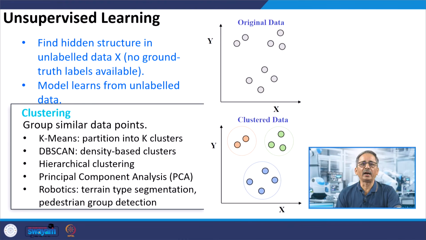Next is unsupervised learning, and in unsupervised learning we find hidden structure in unlabeled data. In the previous one we had labeled data, that is, for this input you are going to have this output, in case of supervised learning. But in case of unsupervised learning we do not have data labeling.